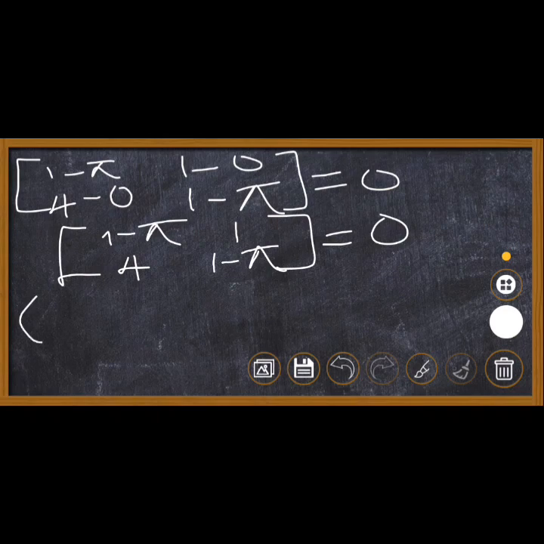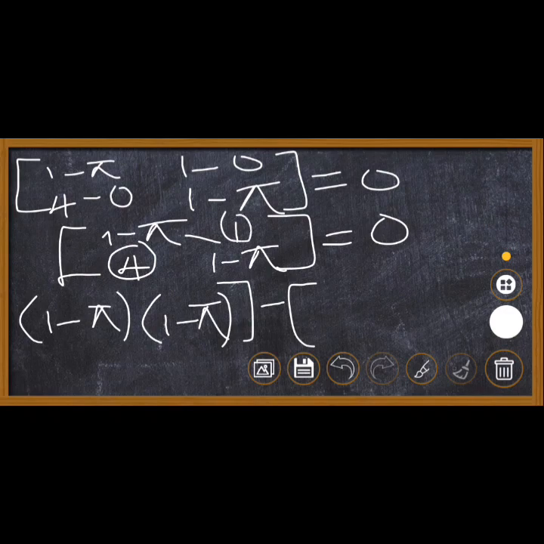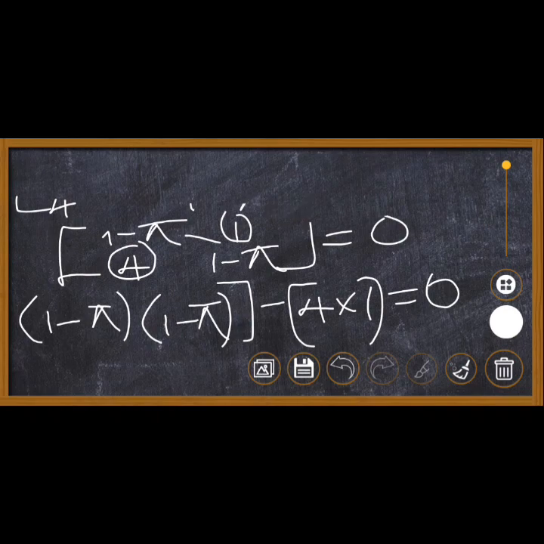So this multiplied by that, of course we know by now that's 1 minus pi multiplied by 1 minus pi. All of these we subtract with 4 multiplied by 1 equal to 0. So in this case, let's just write this on top here for the sake of space, as it might not fit down there.